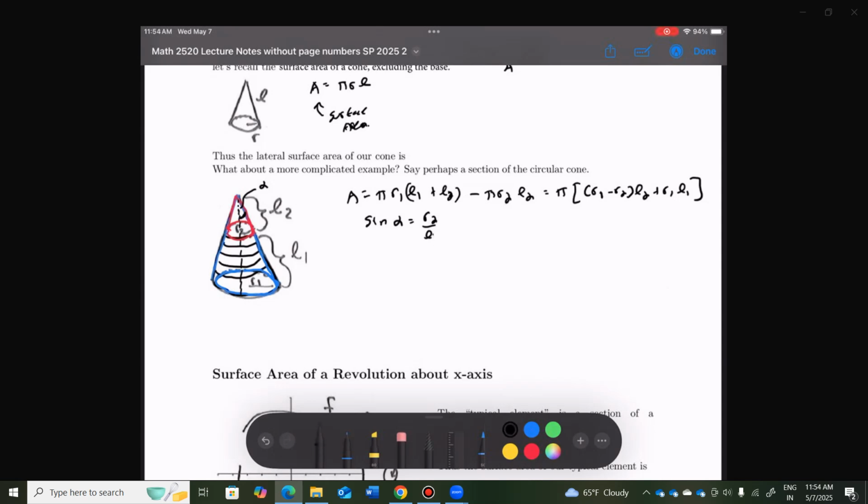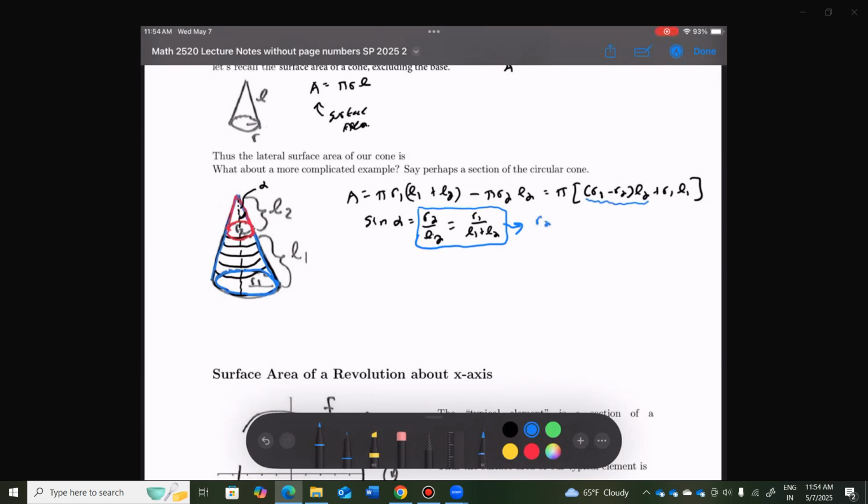And it's also going to equal r1 over (L1 plus L2). Now what we're going to do here is take this part and adjust it so that we can do a substitution in for this. So we do a little algebra here.